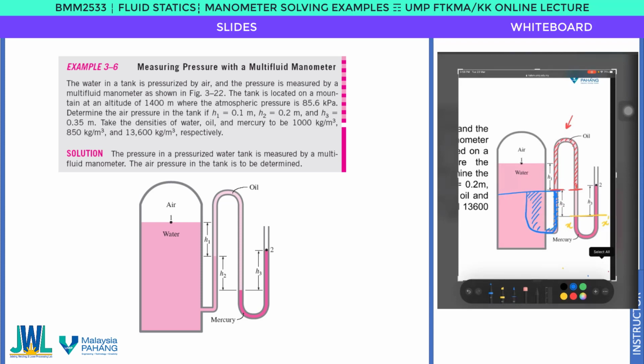So I need to calculate pressure from here to here plus pressure from here to here only, which is P1, which is air, plus pressure of water, plus pressure of oil.